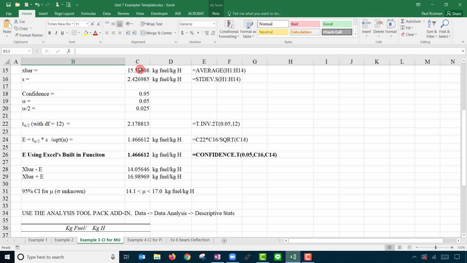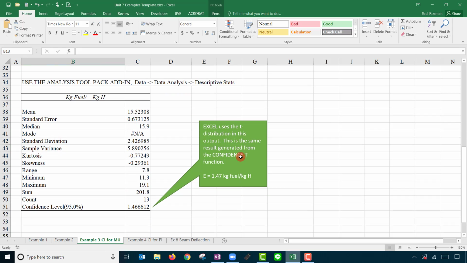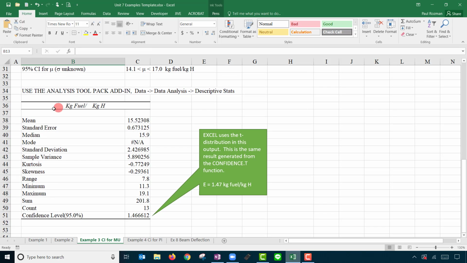There's another feature of this where we didn't even have to do this. You already used the analysis toolpak back in like lab 1 or 2. And remember, you did some descriptive statistics and you got a chart that came out looking like this, where it gave you a bunch of statistics, some that we didn't even care about, kurtosis and skewness, but it had the main things in it.